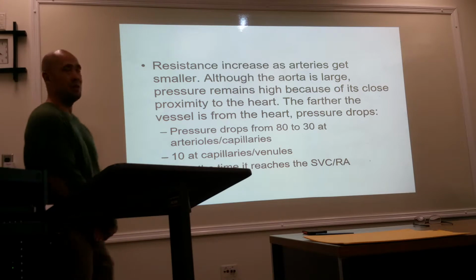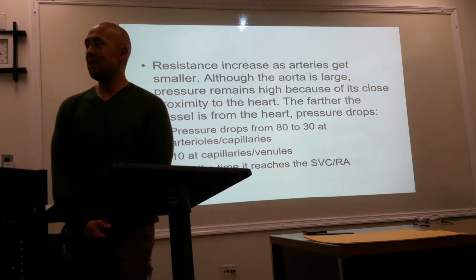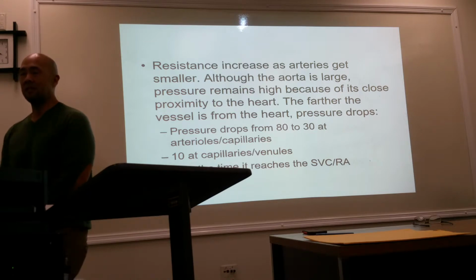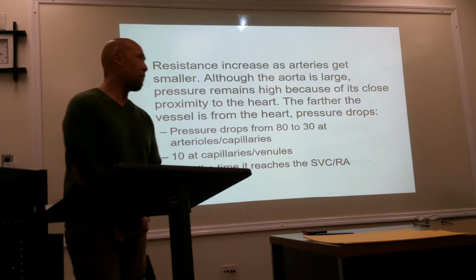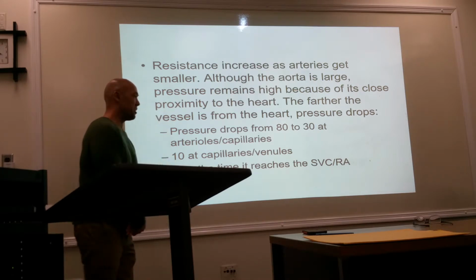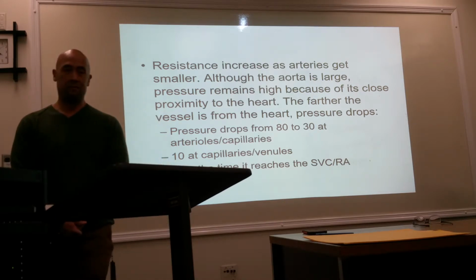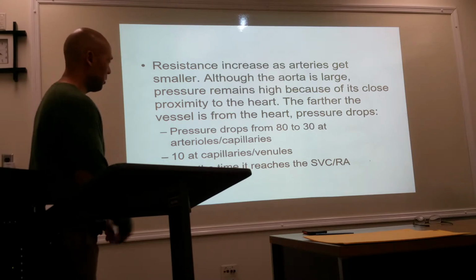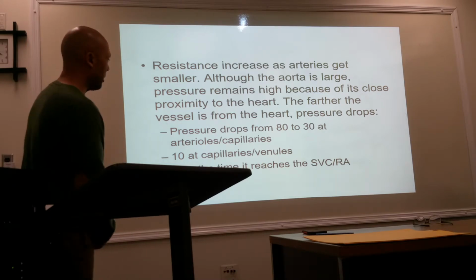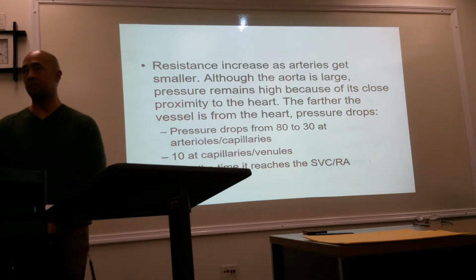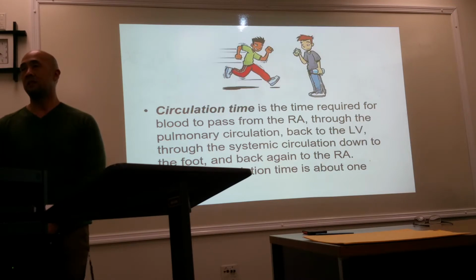So for example, pressure drops from 80 to 30 at the arterioles, 10 at the capillaries, and then 0 by the time it reaches the vena cava and the right atrium. So again, the closer it is to the heart, the greater the pressure. The further away, there's a decrease in pressure. And resistance, I should say.